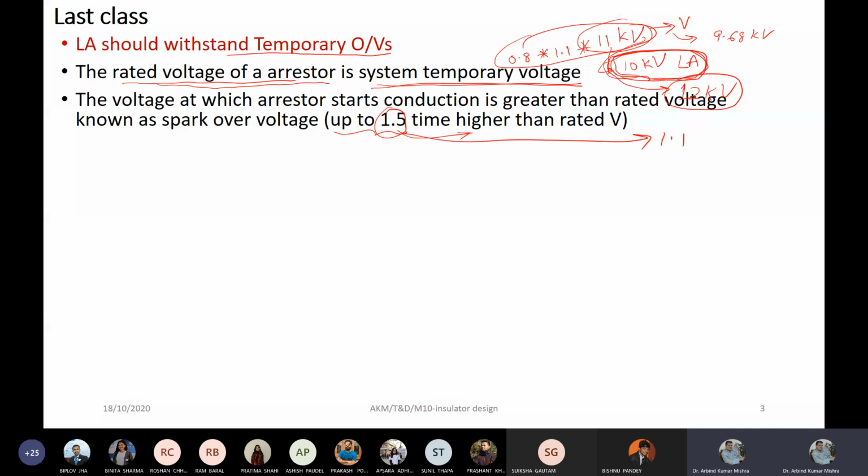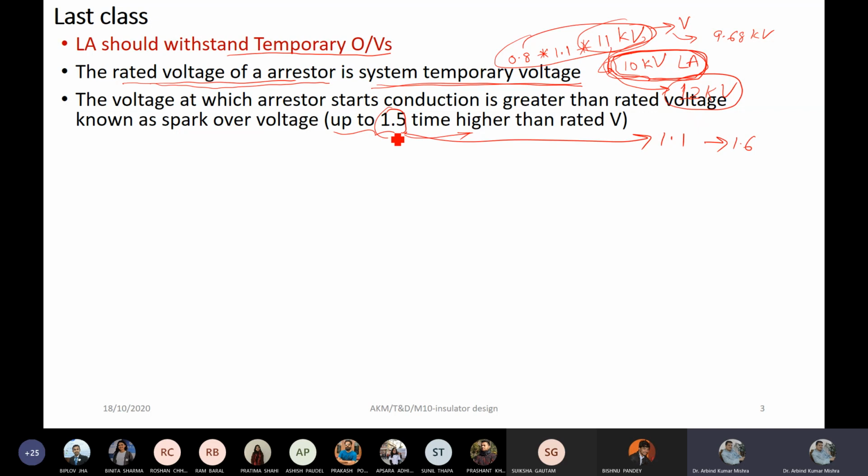Then what will happen? There may be a chance that the lightning arrestor may operate during the temporary over voltage. But if we consider this too high, for example 1.5 or 1.6, then what will happen? If this is very high, then the voltage at which the lightning arrestor starts conducting increases, and that means the voltage across the arrestor even when it conducts becomes higher, and throughout the insulation level should be high.